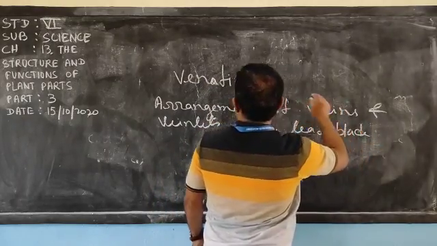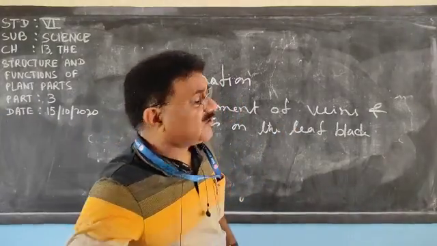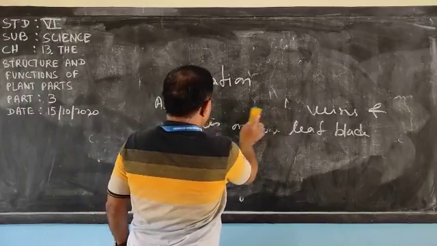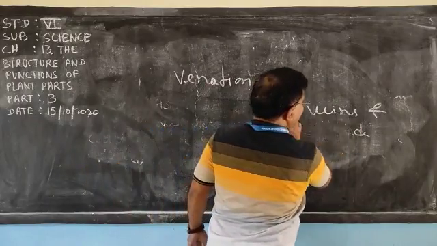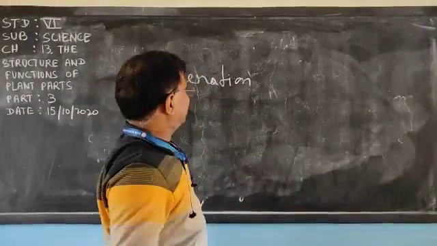We have discussed there are two types of venation: the reticulate venation and the parallel venation.